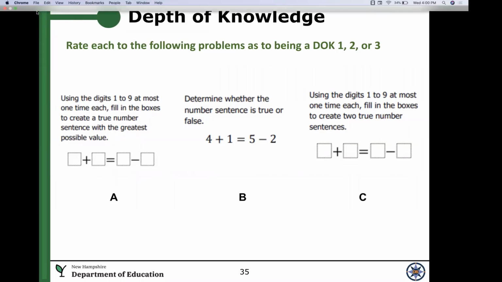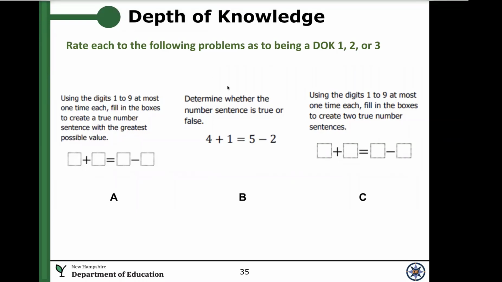So I have DOK1 being choice B, just determining whether the number sentence is true or false. And then I can go to a DOK2.